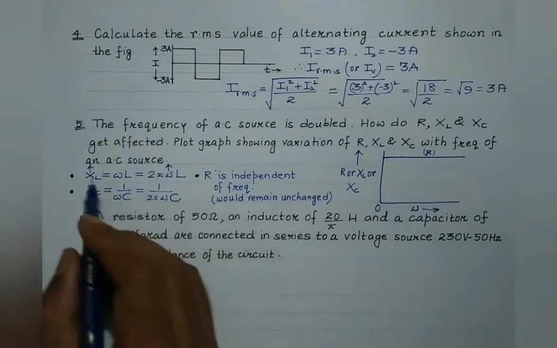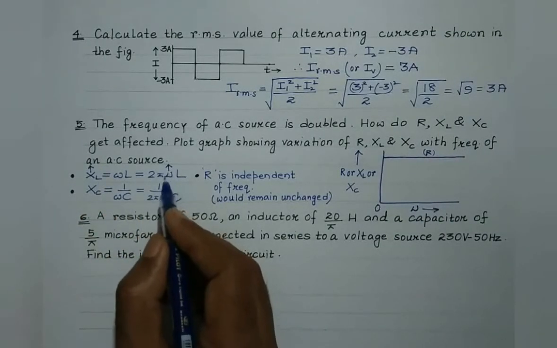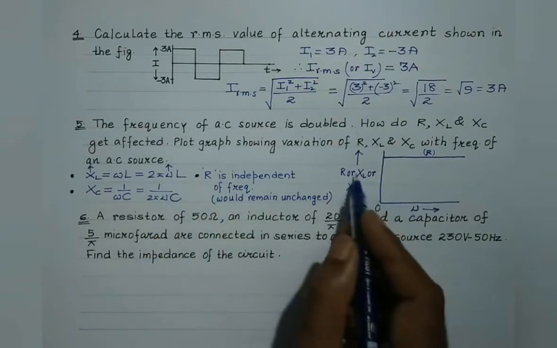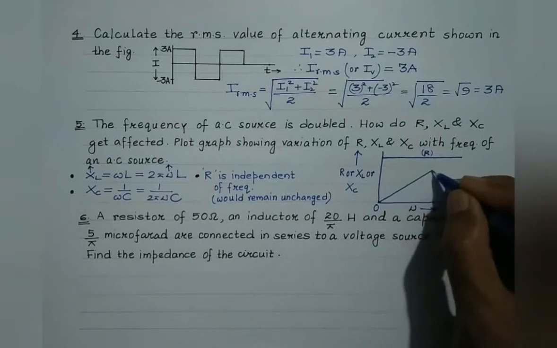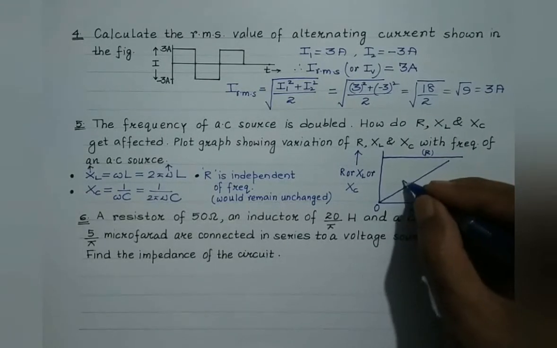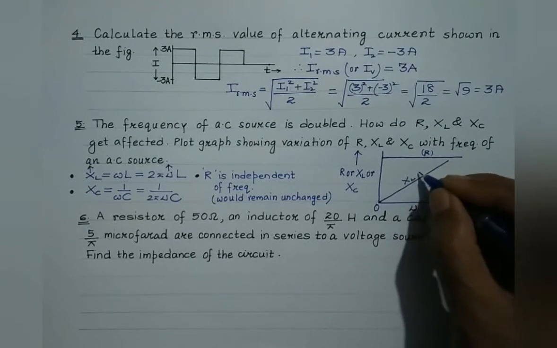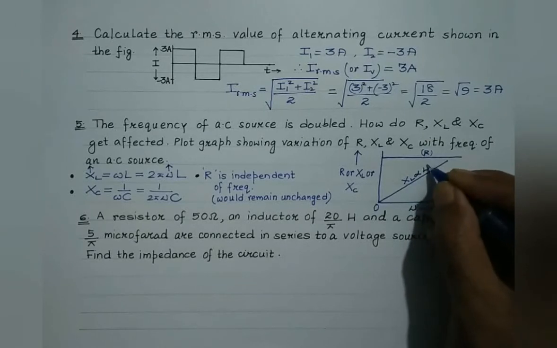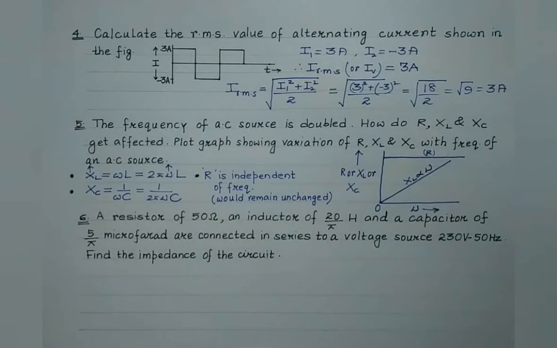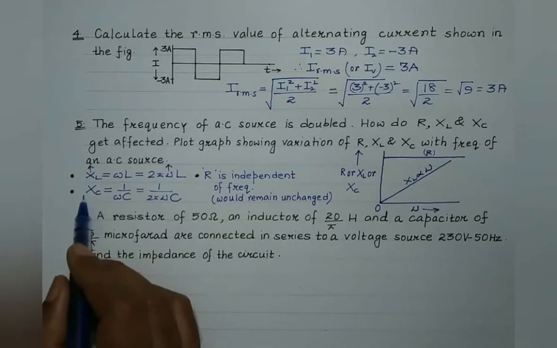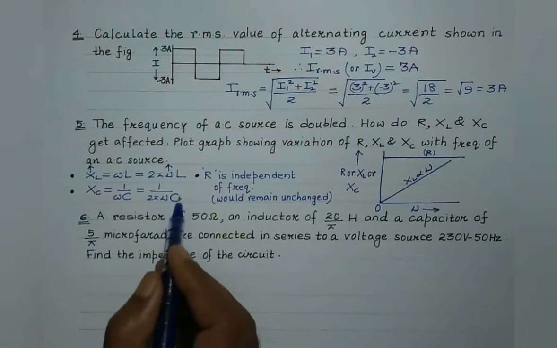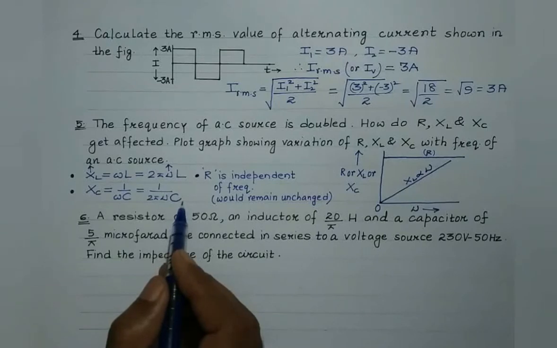Okay, second is XL, being directly proportional to frequency. So the graph between XL and nu would be a straight line passing through the origin. So this is the graph for XL, which is directly proportional to frequency, right? And third is XC, the capacitive reactance. It is inversely proportional to the frequency, isn't it?